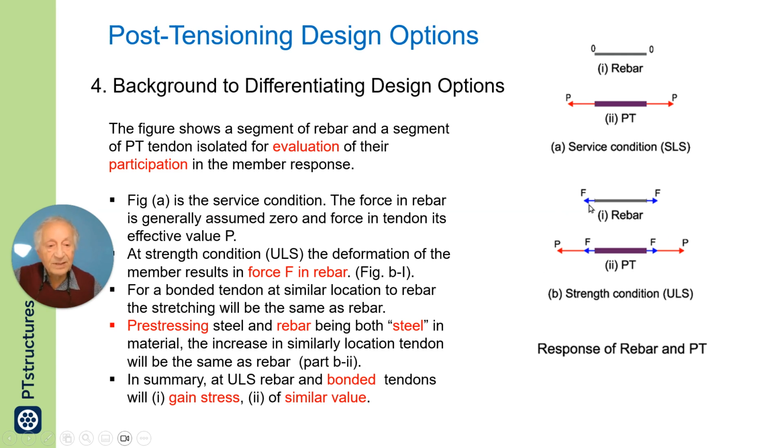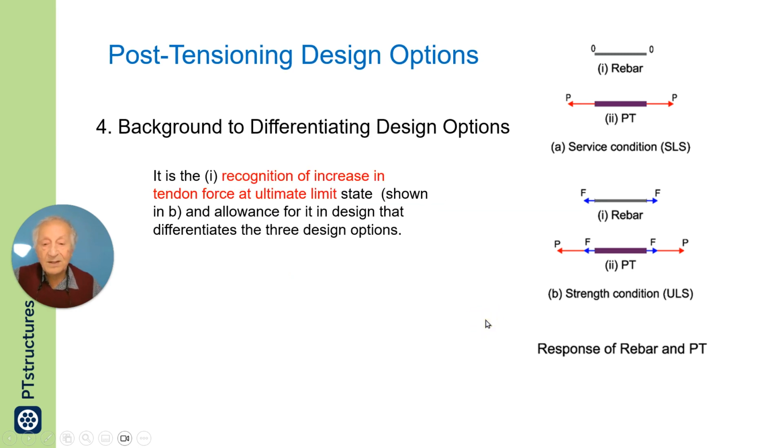In summary, the increase in rebar stress will be the same as the increase in tendon. It is the recognition of increase in tendon force at ultimate limit state, and allowance for it in design, that differentiates the three design options.